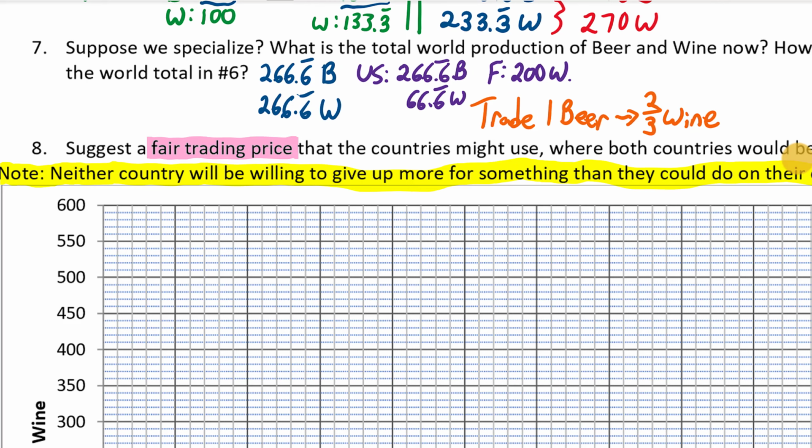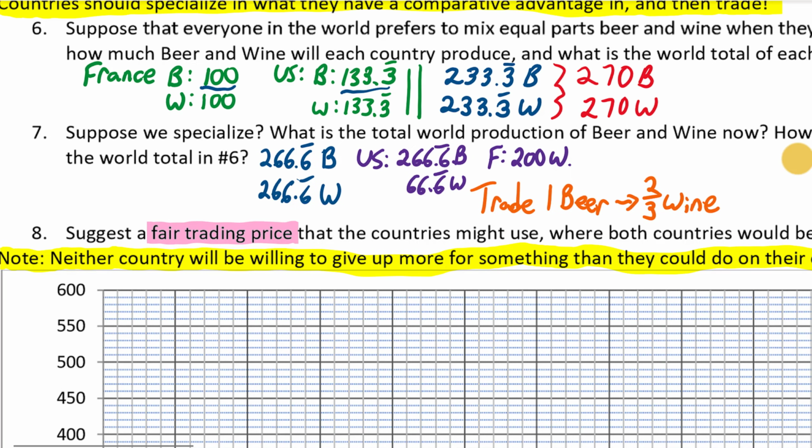But again, the big point is that the trading scheme itself is going to be able to take us to where we are better off than we were before. In the end, both countries will be better off than they would be if they tried to just be isolationist and try to do everything for themselves. Instead of 233 world production of beer and wine, we're up to almost 267 of each.